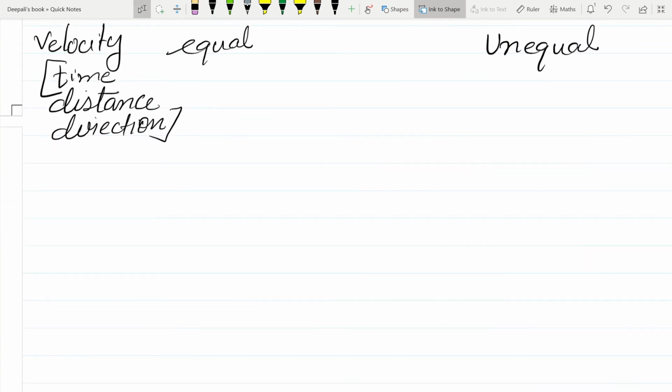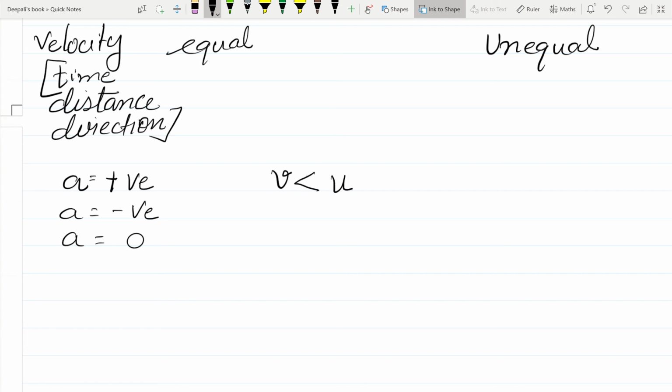Now acceleration a can be positive, a can be negative, and a can be 0. When is this possible?